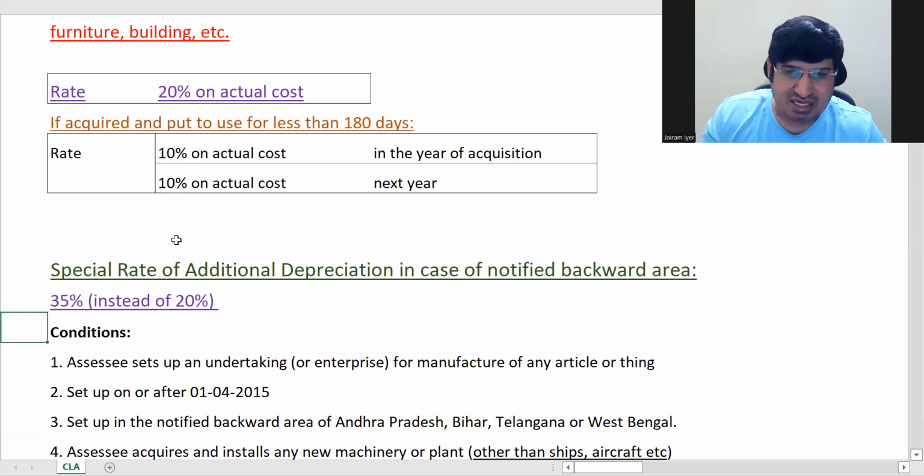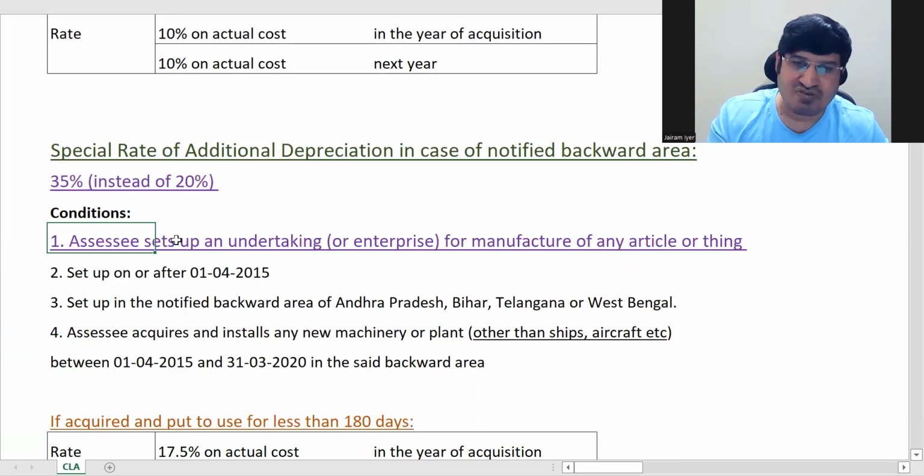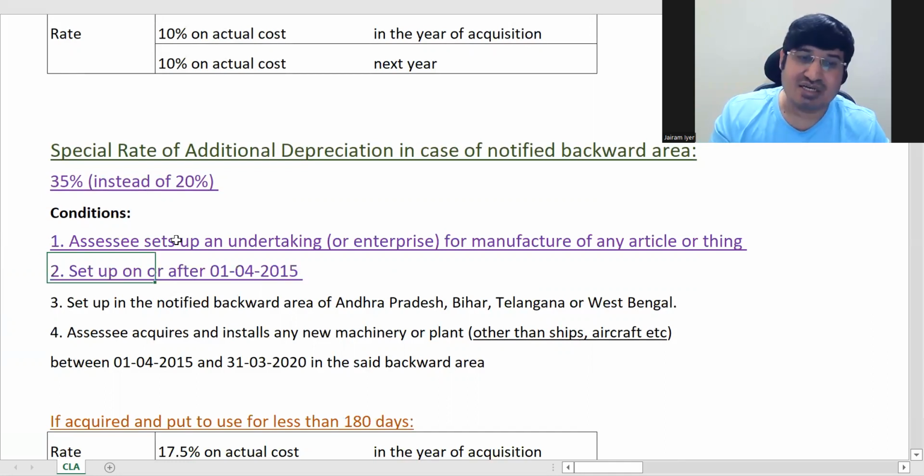35%, right? And now these conditions are again very similar to that, only difference is, this is set for manufacture of article or thing, no change. Set up on or after 1/4/2015. So here you have got a point which is dealing with setting up of the factory.